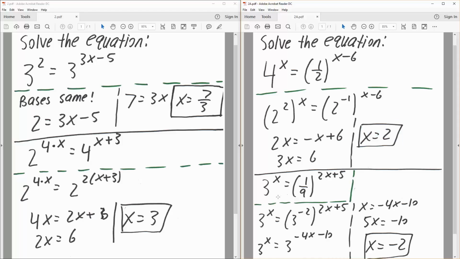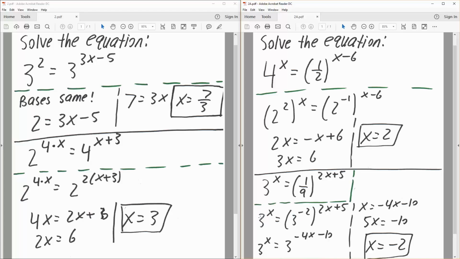The last question, 3 raised to x is equal to, parentheses, 1 divided by 9, close parentheses, raised to 2x plus 5. We want to get a common base. The base here is 3, the base here is 1 over 9. Instead of saying 1 over 9, we could say 3 raised to negative 2. 3 raised to negative 2 is equivalent to 1 over 9. So now we have a common base of 3.